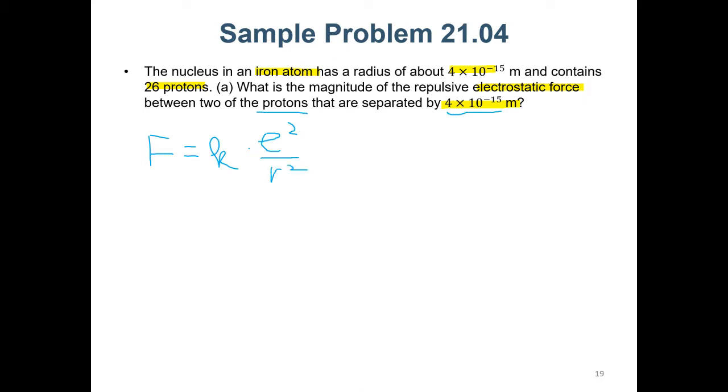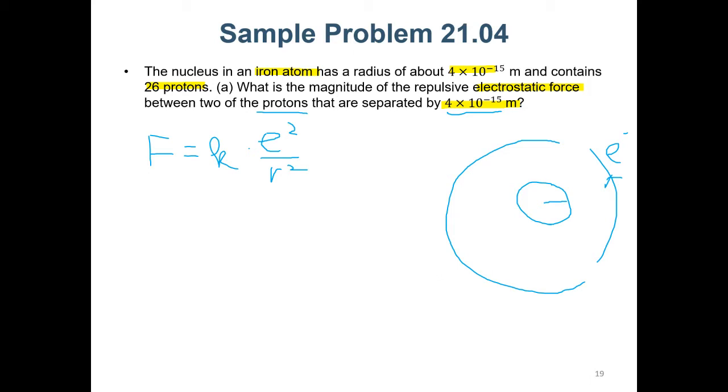It tells you this is the iron atom, so it should have some electrons going around it, not necessarily circular, but you can imagine some electrons going around the nucleus, and the radius of the nucleus of the iron atom is 4 times 10 to the minus 15 meter.